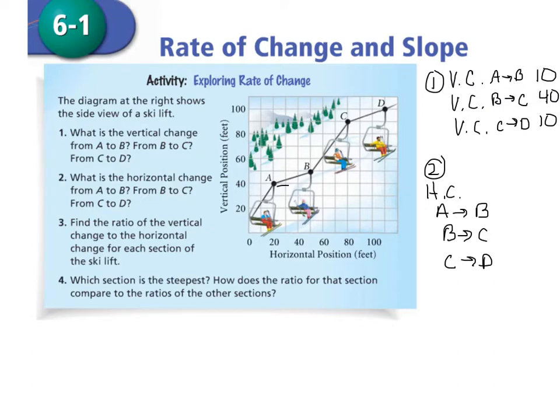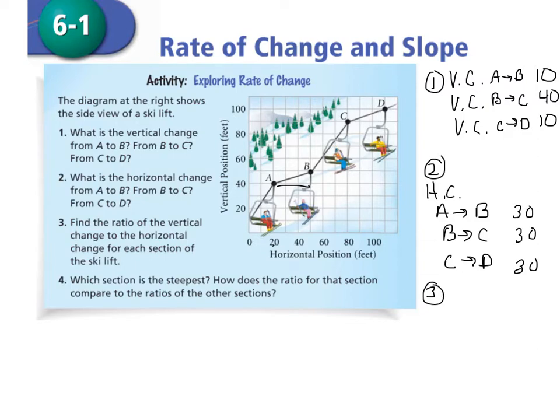Well, A to B would go from 20 to 50. So 20 to 50 would be 30. Then from B to C, it goes from 50 to 80. That's also 30. And C to D goes from 80 to 110. That's also 30.